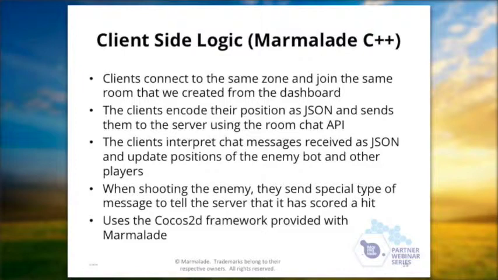They also need to interpret messages that they receive from the server. The messages can either be one which indicates the positions that the other users are moving, or it can also indicate the position of the dragon and its health. So that's about what the client will be doing.